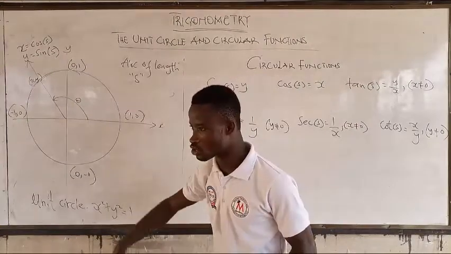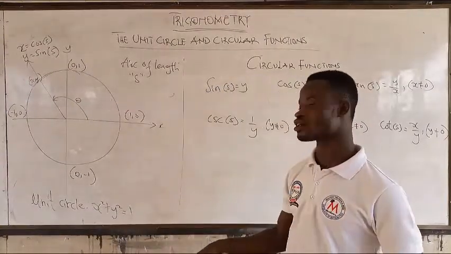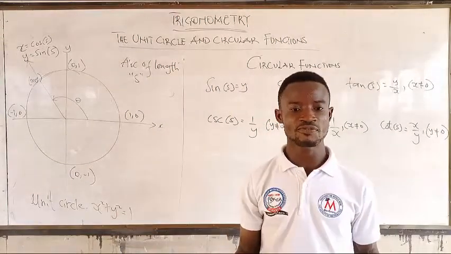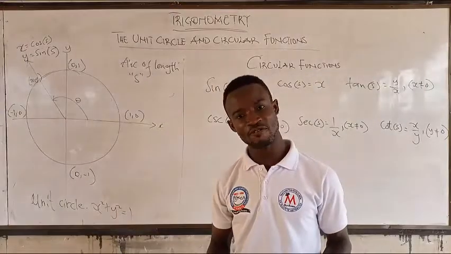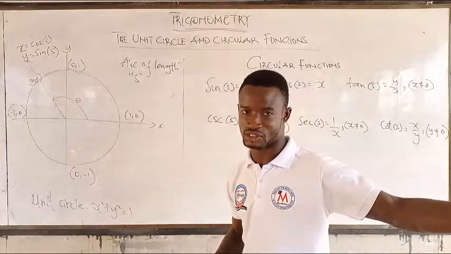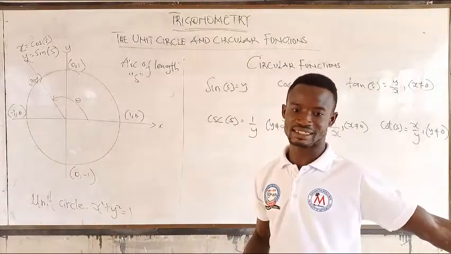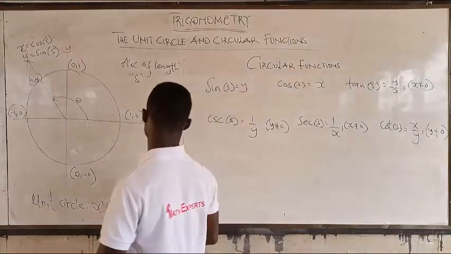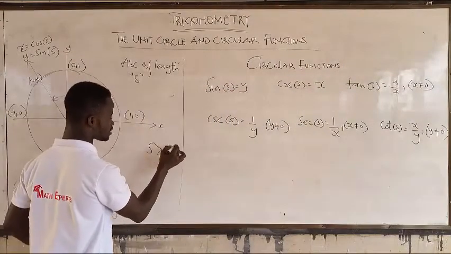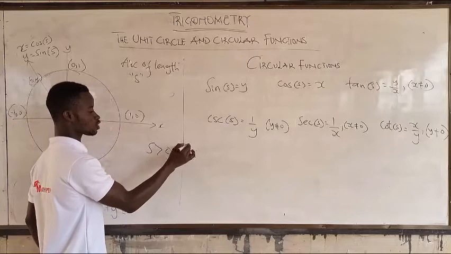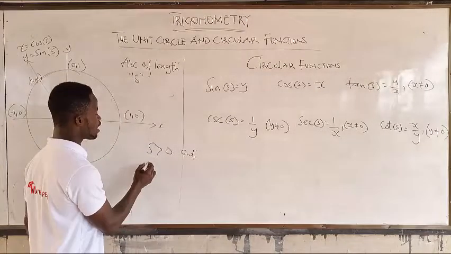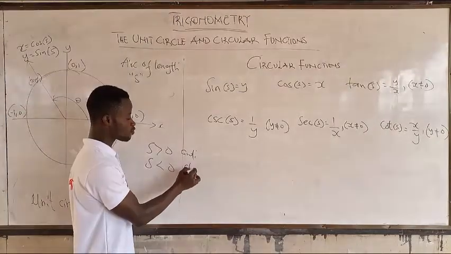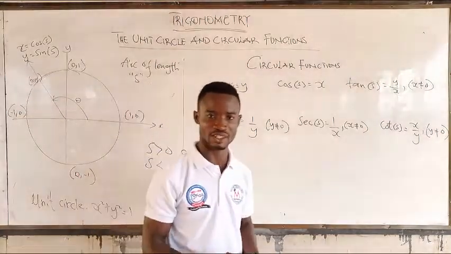This is the clockwise direction. And if the arc length X is less than 0, then the direction is clockwise. So if it's greater than 0, anti-clockwise or counterclockwise, and if S is less than 0, then we have clockwise direction.